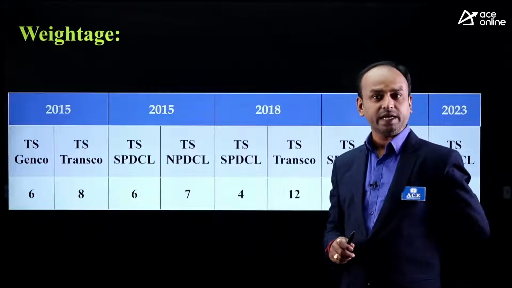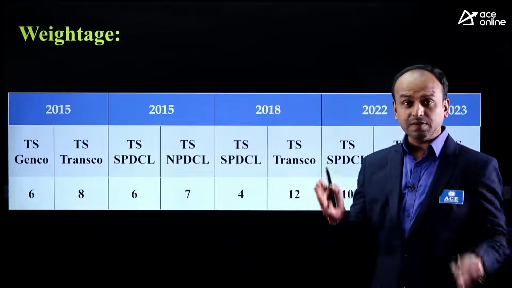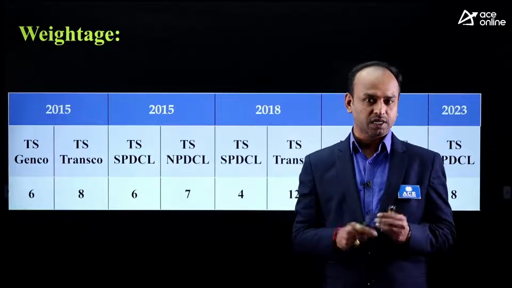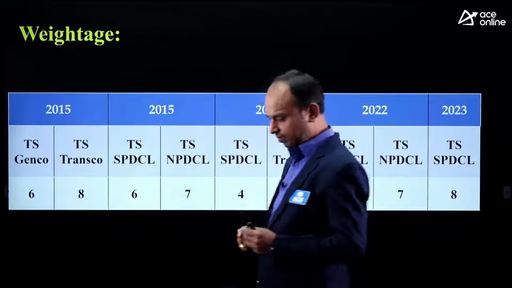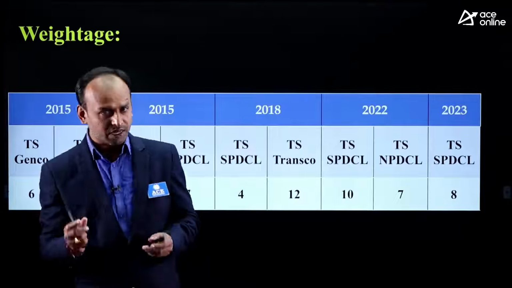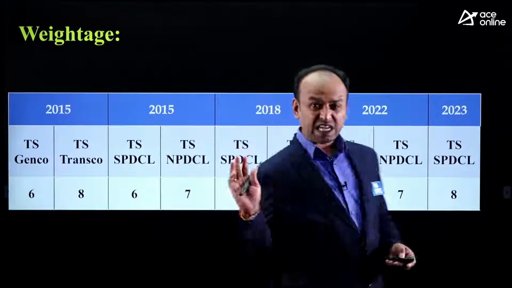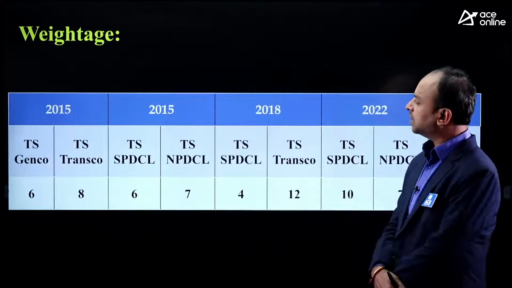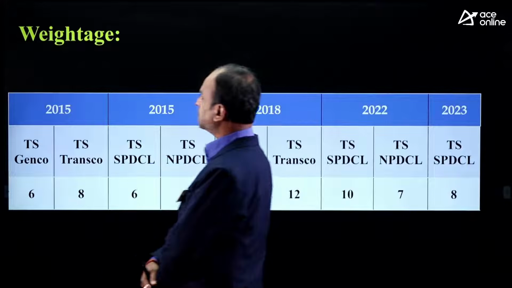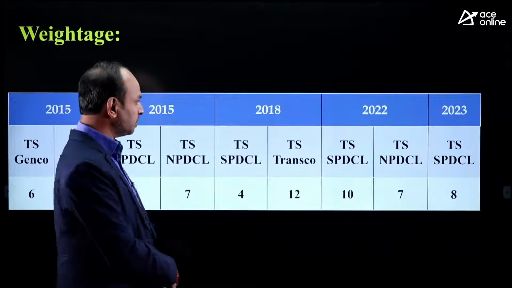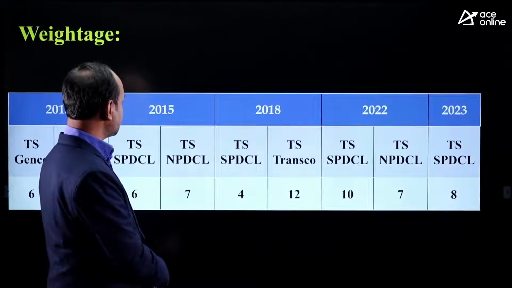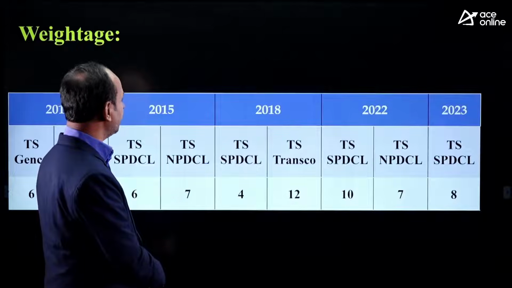It is an interesting subject with a limited syllabus. It is an independent subject with no direct link to other subjects, so you can score marks easily. This is the weightage in the previous Telangana state exams.